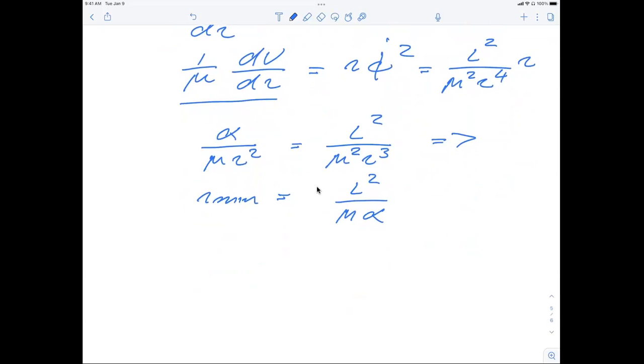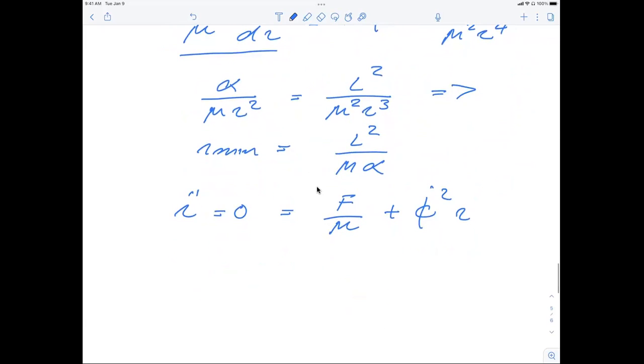So this means that I can go back, and we know that in this specific case, at the minimum here, what we have is that r double dot is equal to 0, and that's equal to the force divided by mu. So this is just another way of rewriting it, of phi dot squared times r. And we know that this is equal to 0. So that means simply that phi dot squared times r is equal to alpha divided by r squared times mu.